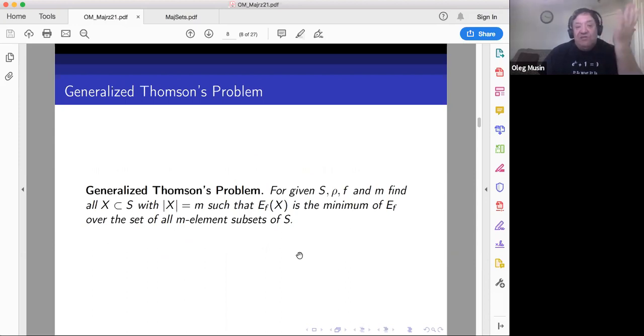We can also generalize and ask the following question, like the Thompson problem.